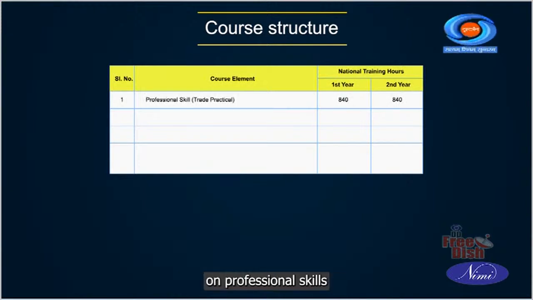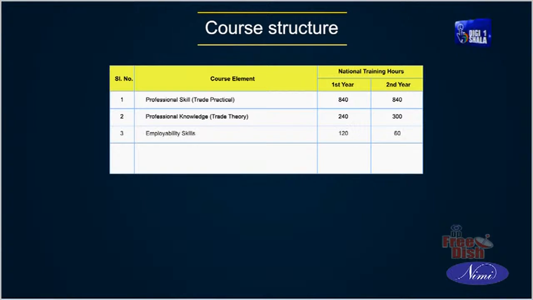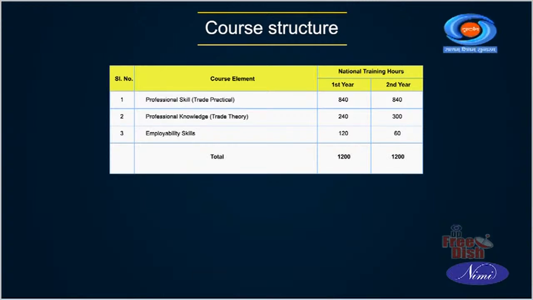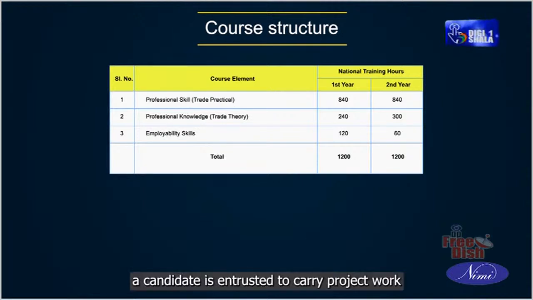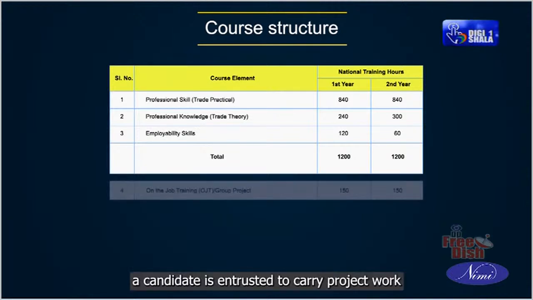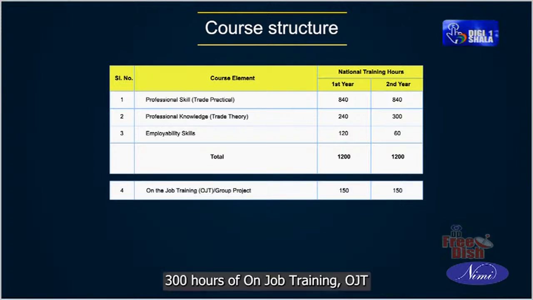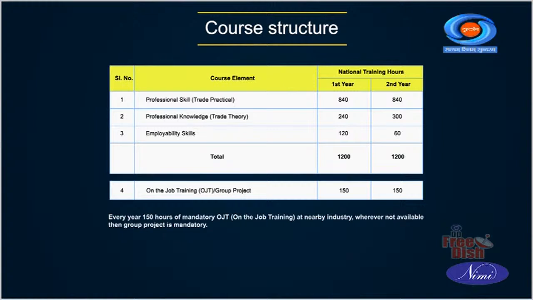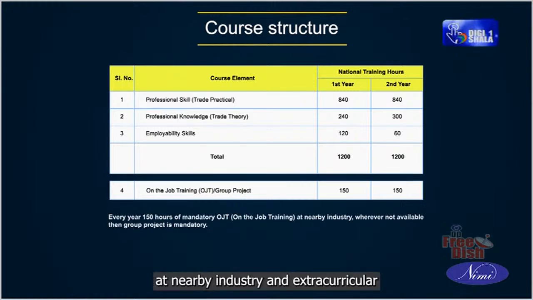candidates will be trained on professional skills, professional knowledge, and employability skills for up to total of 2,400 hours. In addition to this, a candidate is entrusted to carry project work or 300 hours of on-job training (OJT) at nearby industry and extracurricular activities to build up confidence.